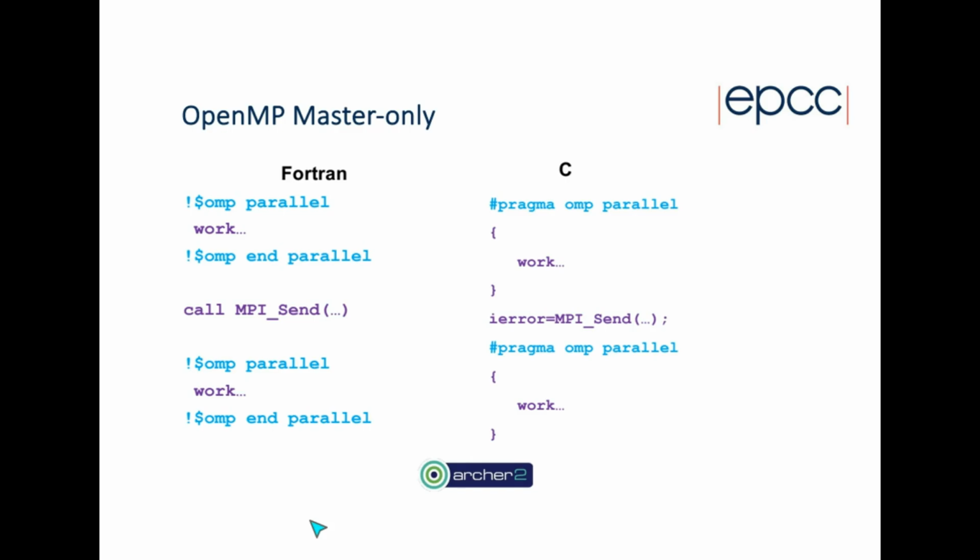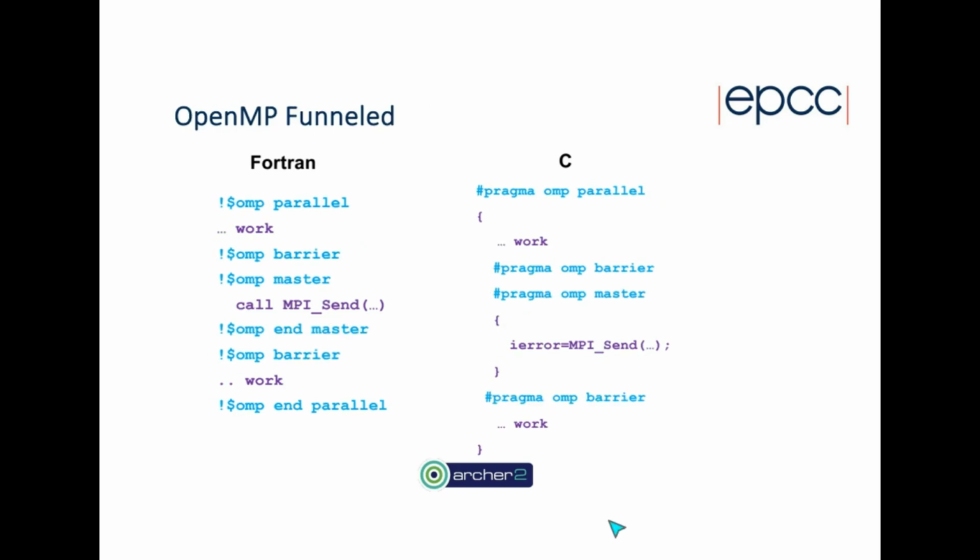Okay, so just to go through each of these in a little bit more detail with some sketch code. For master only, you typically have your computations done in parallel regions or parallel loops, and then all the MPI calls are made outside parallel regions by the master thread. For funneled, we allow MPI communications inside parallel regions, but we restrict those to the master thread.